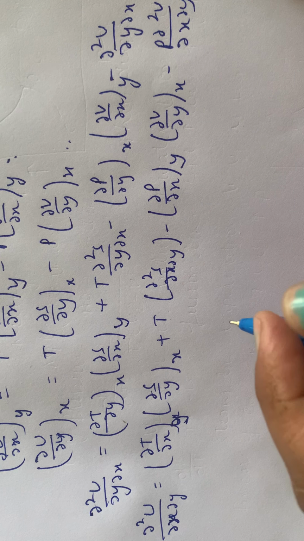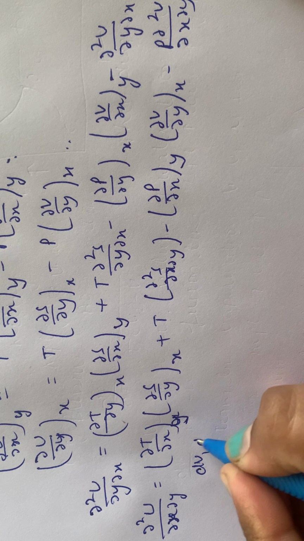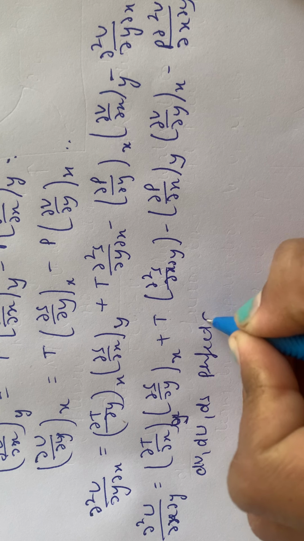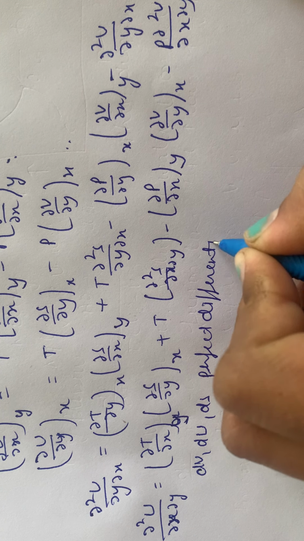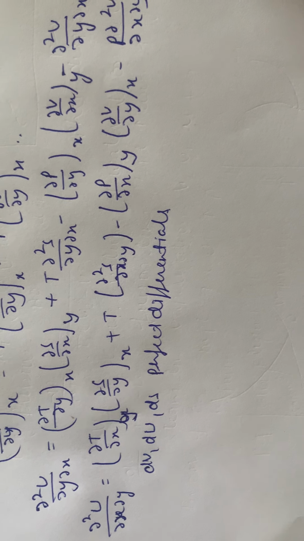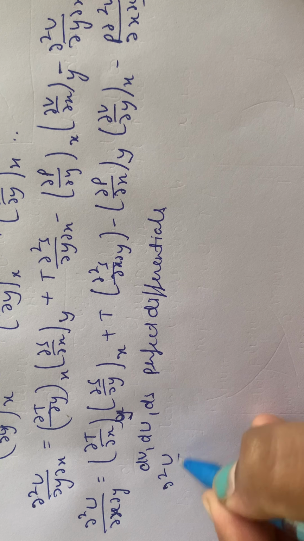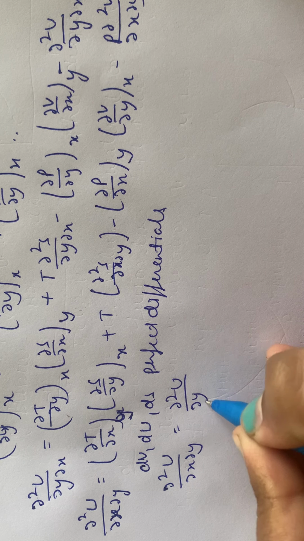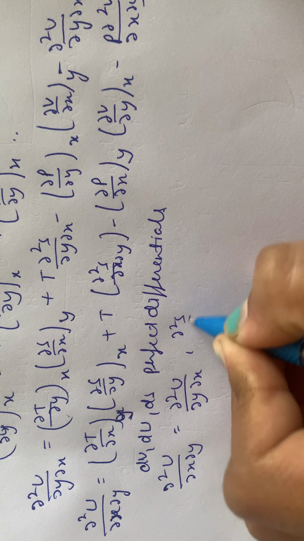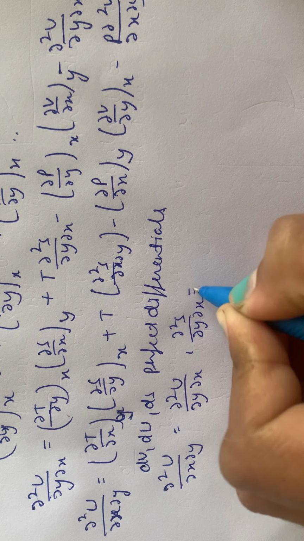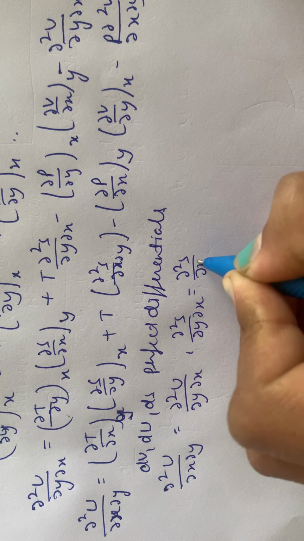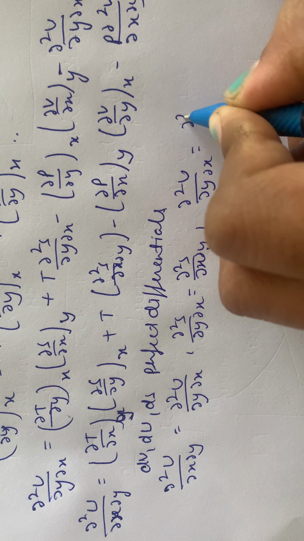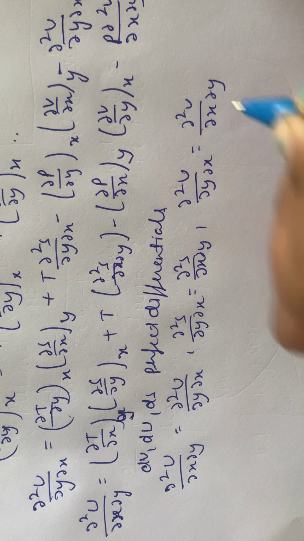dU, dV, dS are perfect differentials. Hence ∂²U/∂X∂Y equals ∂²U/∂Y∂X, ∂²S/∂Y∂X equals ∂²S/∂X∂Y, and ∂²V/∂Y∂X equals ∂²V/∂X∂Y.